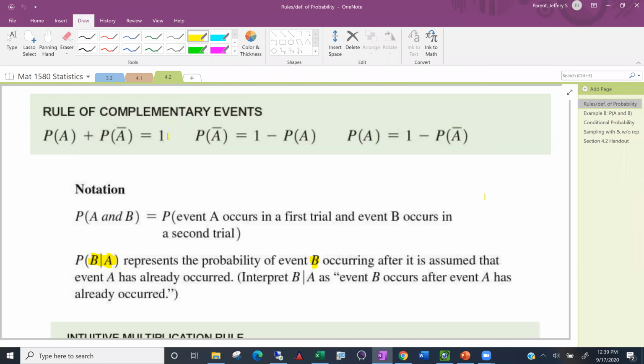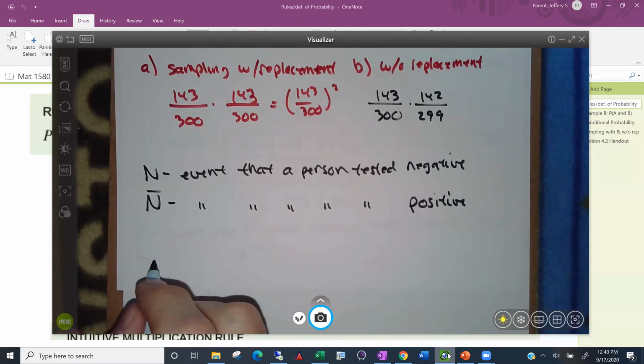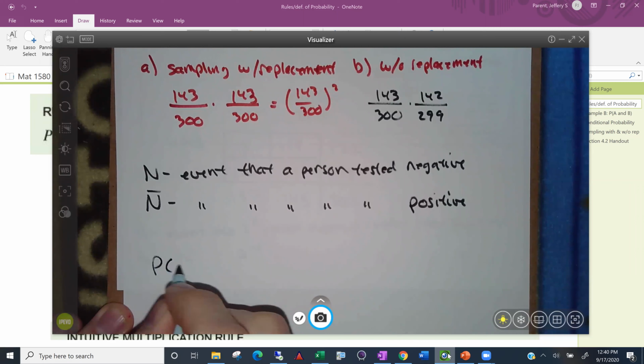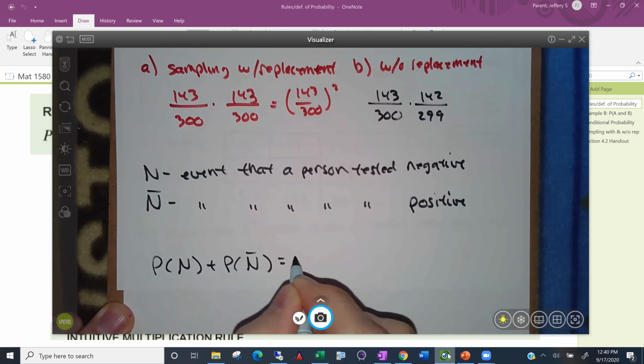Let's take a quick look at that. The probability of a negative result plus the probability of a positive result.